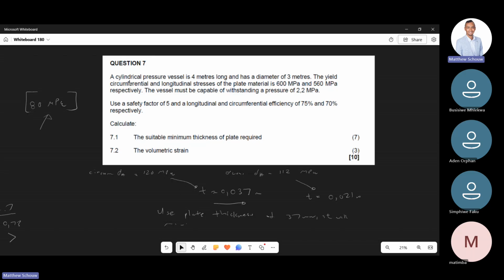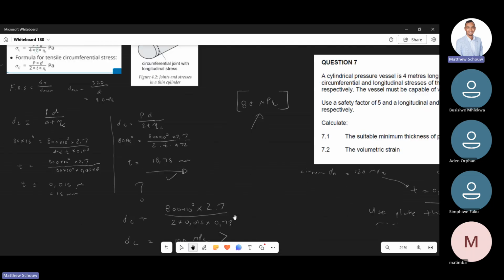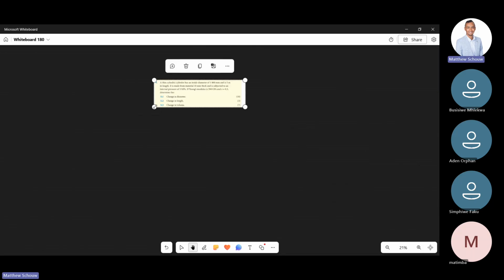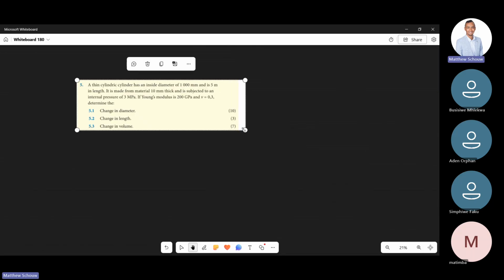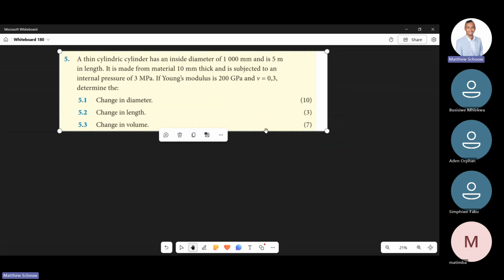So I chose another question from the textbook as well, and it's a bit of a different one. Again, this is up and coming in the test and of course in the final.